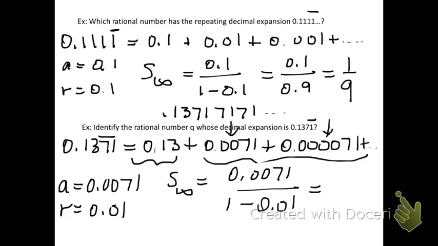And this is going to simplify to 71 over 9900. So that is the sum of this series just for this part of the expression, but we still have this piece here that we have to address as well.